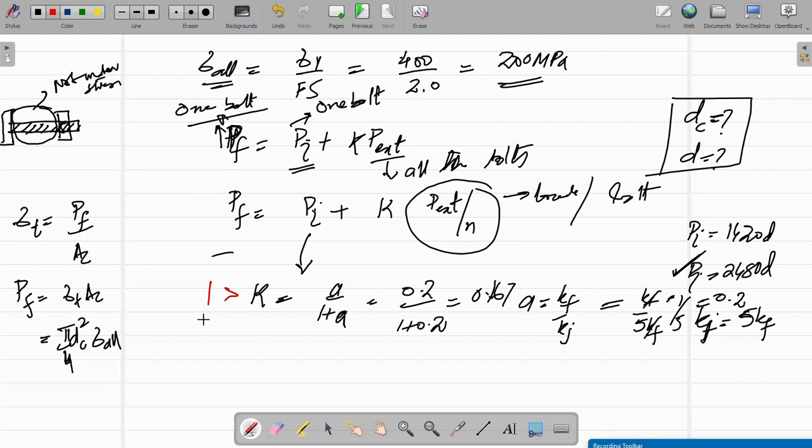If this value becomes greater than 1, you are doing the problem the wrong way. You have made some fault, you have to revisit your problem. The value of K cannot be larger than 1. At most it can be equal to 1, which means all the load is carried by the bolts. The joint is doing nothing to reduce the load.